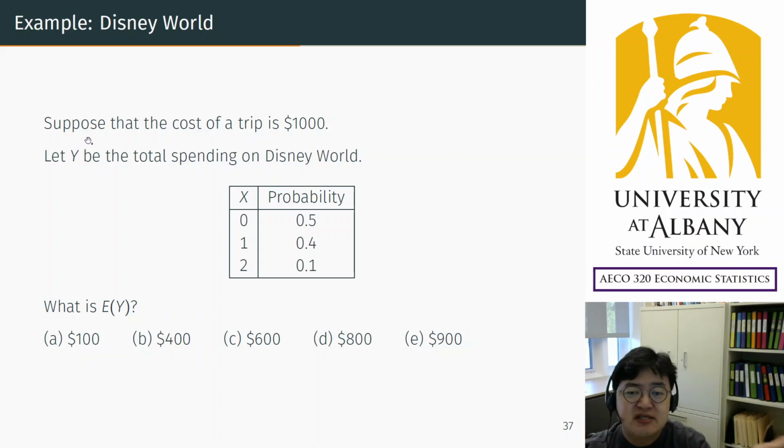X was the number of trips, but y is now the total expenditure, total spending to go to Disney World, right? So assuming that the cost of a trip is $1,000, I would like to save money for this trip for Disney World. Then how can you calculate the expected spending on the Disney World trip? You know the probability of the number of trips, and you know the cost per trip. So you have all the information you need.